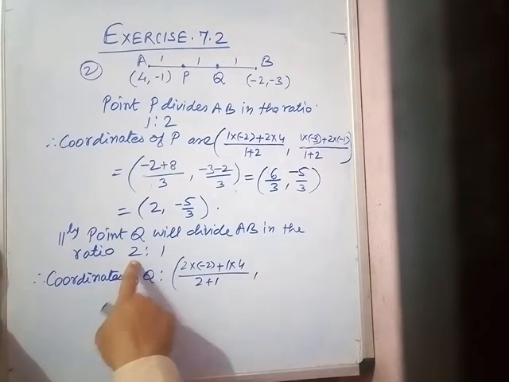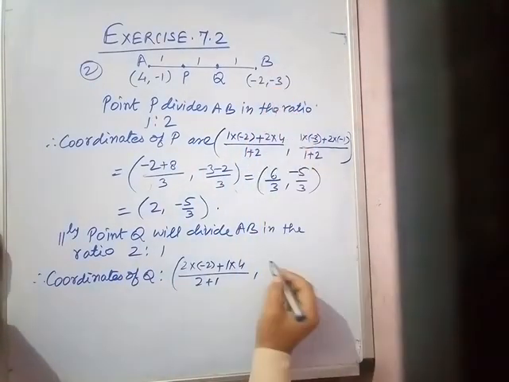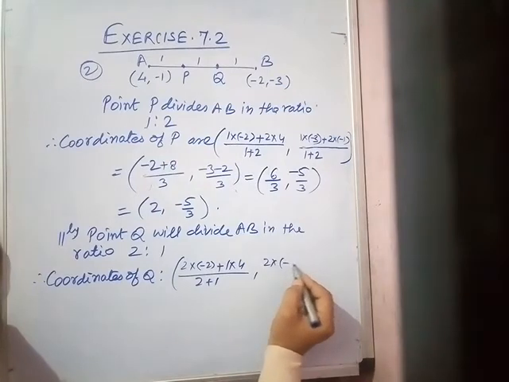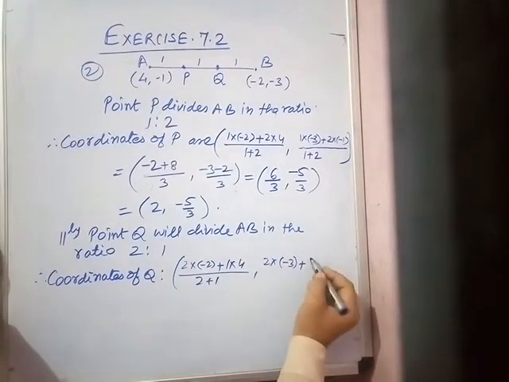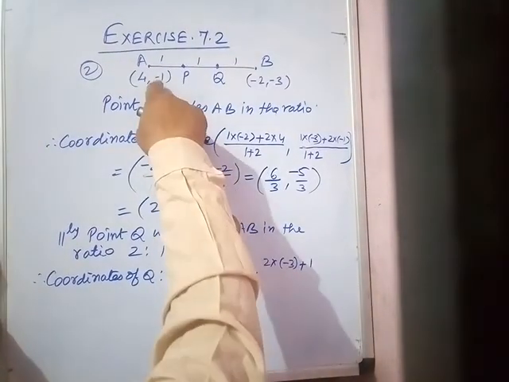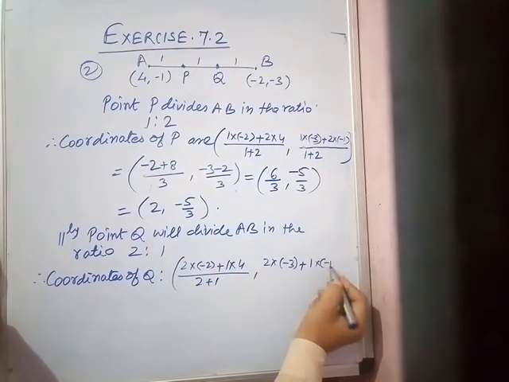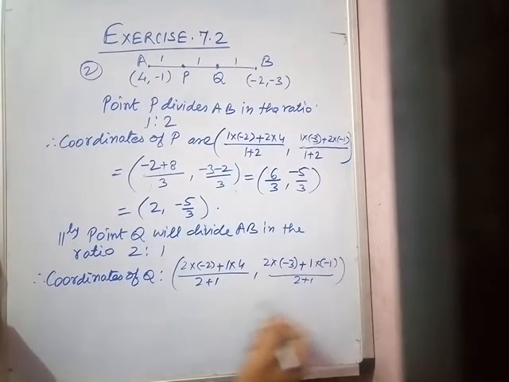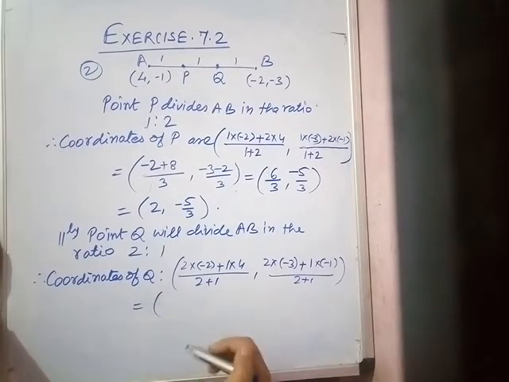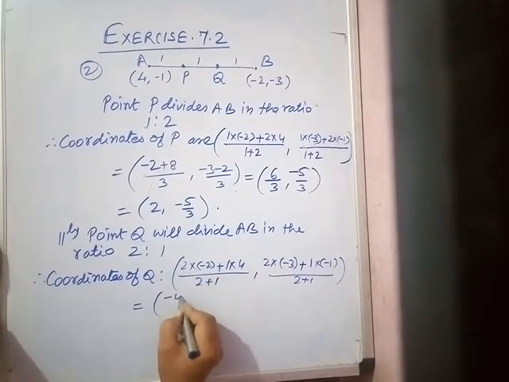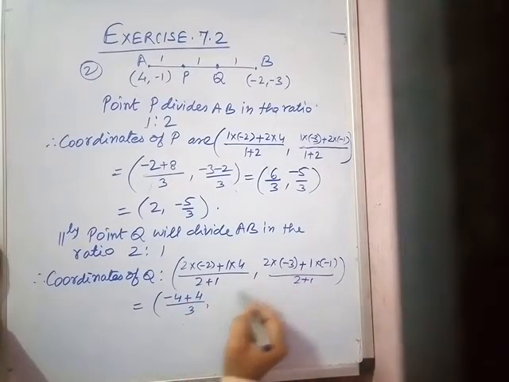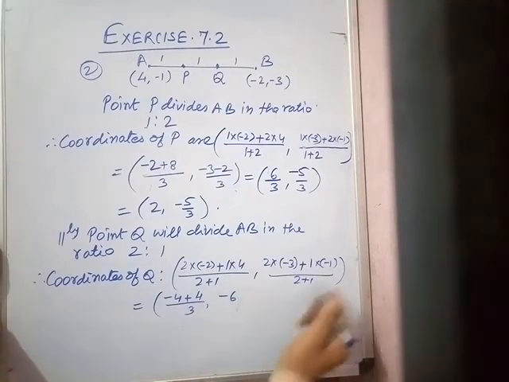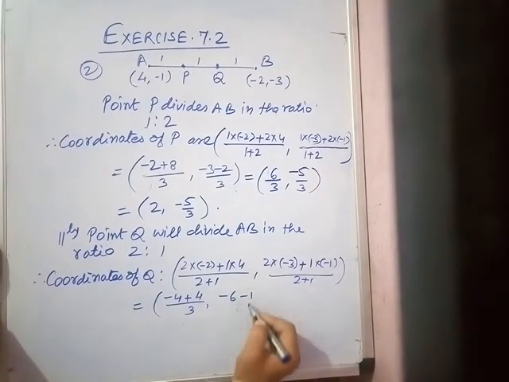Next, the y-coordinate: (m1 into y2 plus m2 into y1) upon (m1 plus m2), so 2 into minus 3 plus 1 into minus 1, that is minus 6 minus 1, upon 2 plus 1, that is 3.